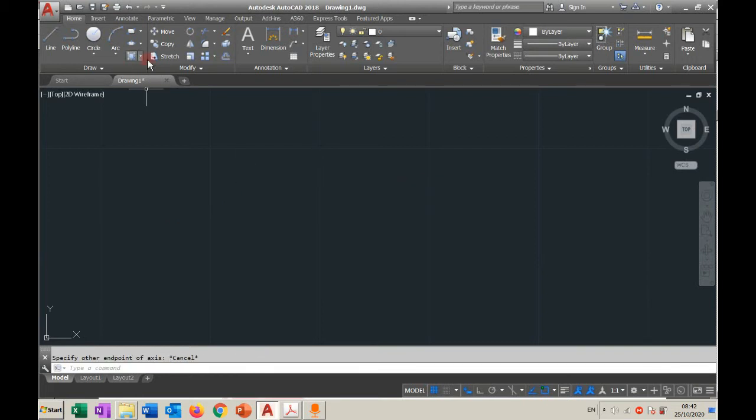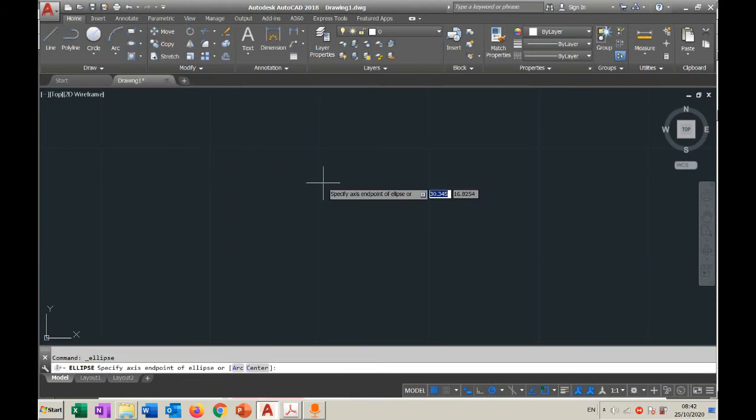Let's say I started with 22.5, 5. Then AutoCAD is asking me to specify other endpoint of axis. Well, I don't have the other endpoint. So I know that I started wrong. I cannot start with that end, the bottom point, because I don't have the other endpoint. Press escape, do it again.